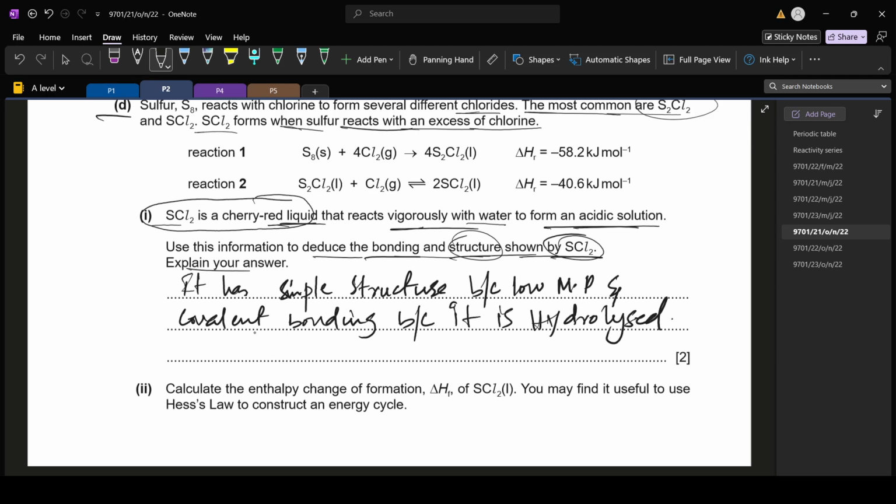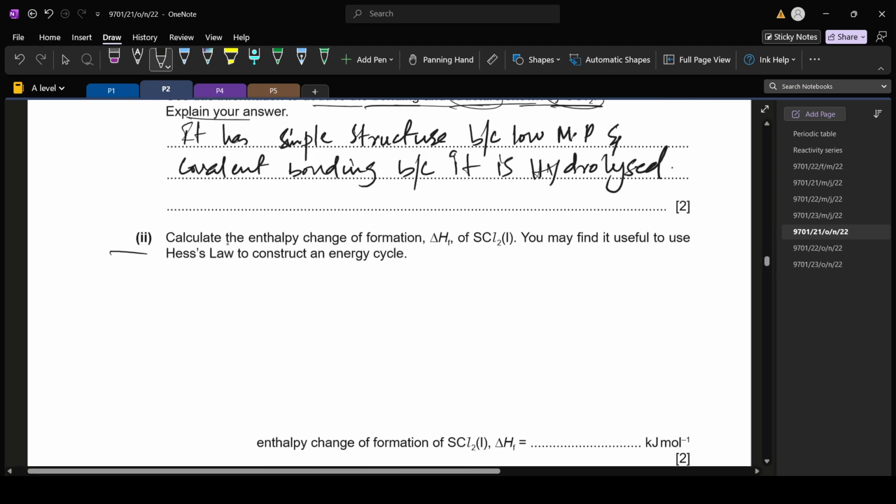Okay, moving towards the next part. Calculate the enthalpy change of formation of SCl2. You may find it useful to use Hess's law to construct an energy cycle. So now you have to find the enthalpy change of formation of SCl2.